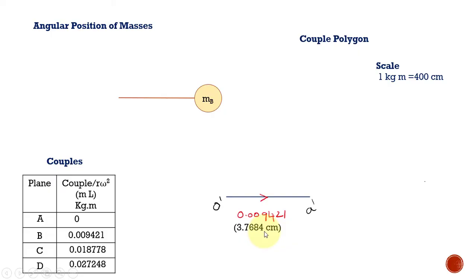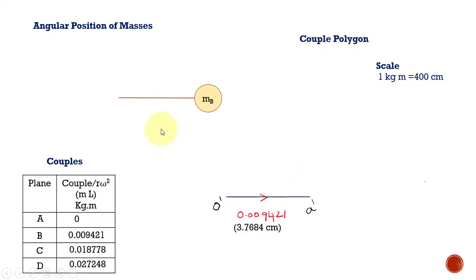For constructing this diagram, we need to use the scale so that we can construct it precisely. We cannot just take 0.009. That is why we have to convert that into proper scale so that we can draw this diagram without any mistake. So in actual scale, we need to take 3.7684 centimeter because 1 kilogram meter represents 400 centimeter.